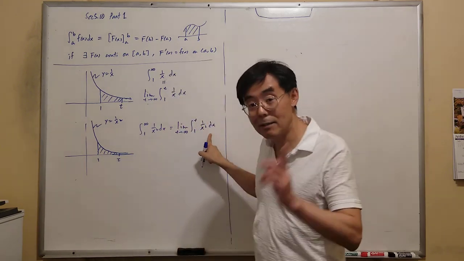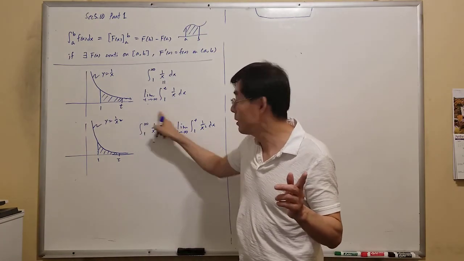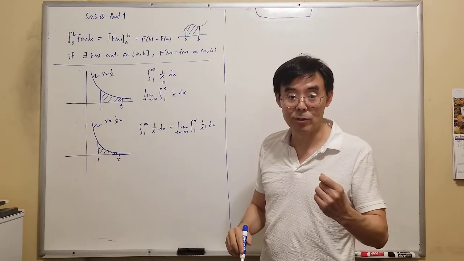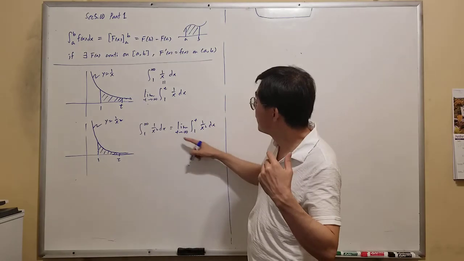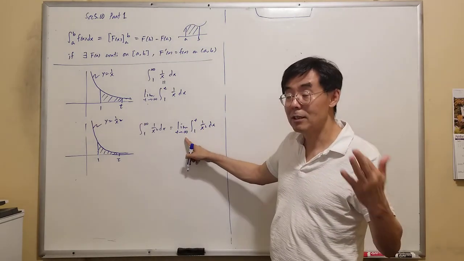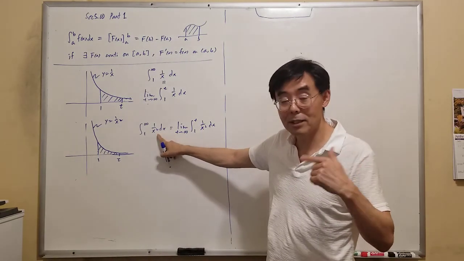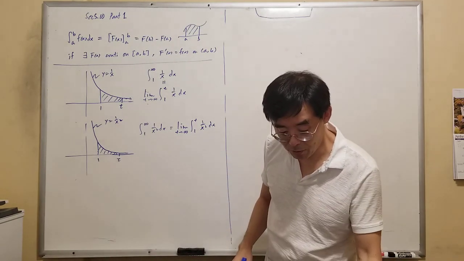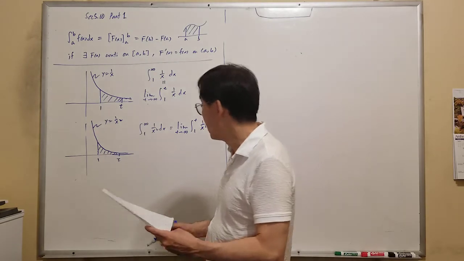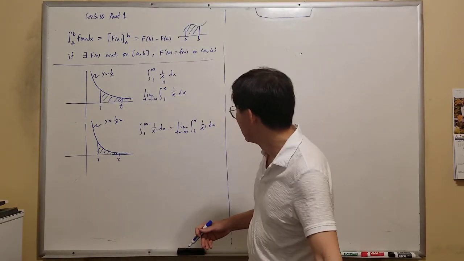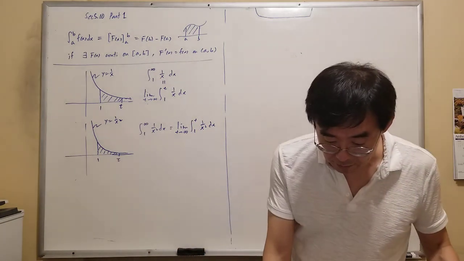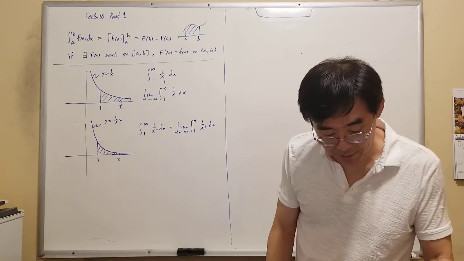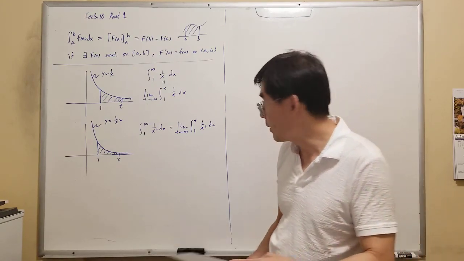If this limit is finite, then we call this improper integral convergent. If this limit as t goes to infinity does not exist, then we call this improper integral divergent. This is the so-called first type, improper integral of type 1.